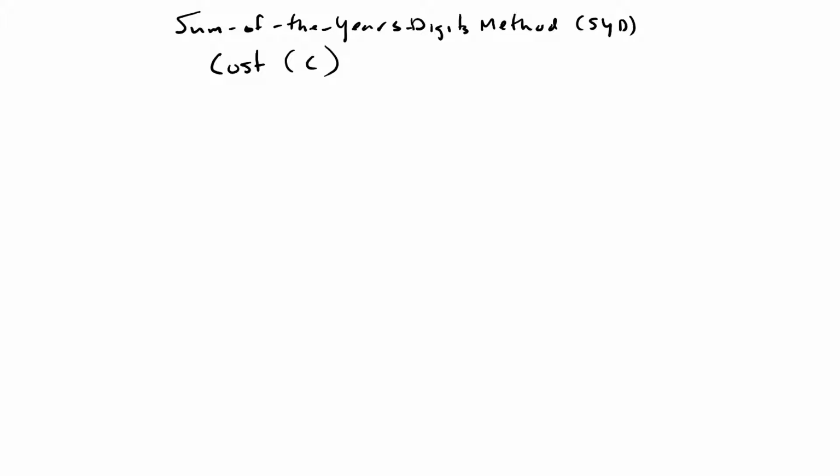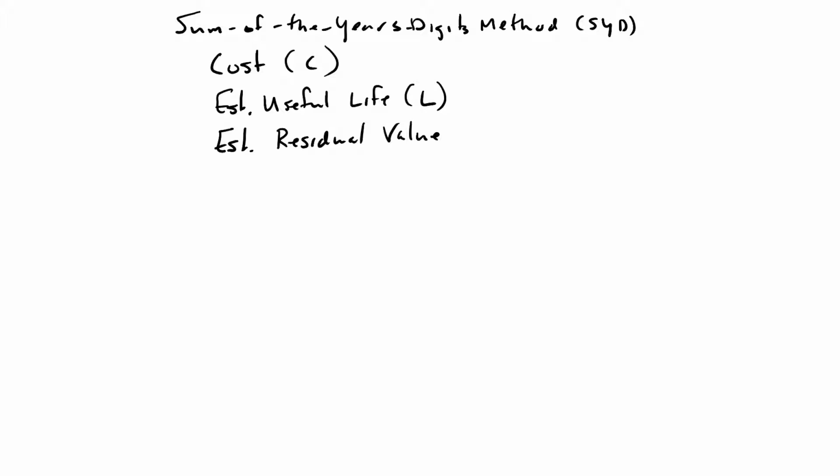process. Another thing we need is the estimated useful life. I'll just designate that L. We can also have the estimated salvage value, or residual value. Those terms are used interchangeably.